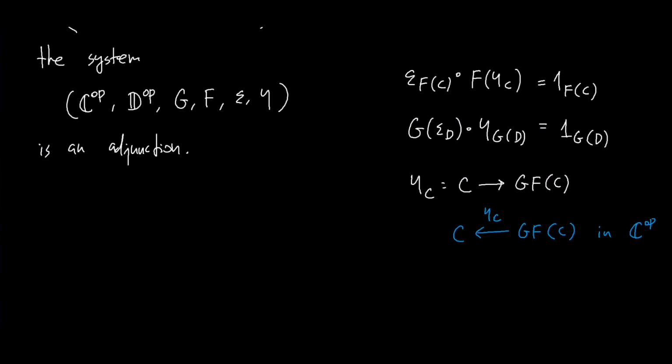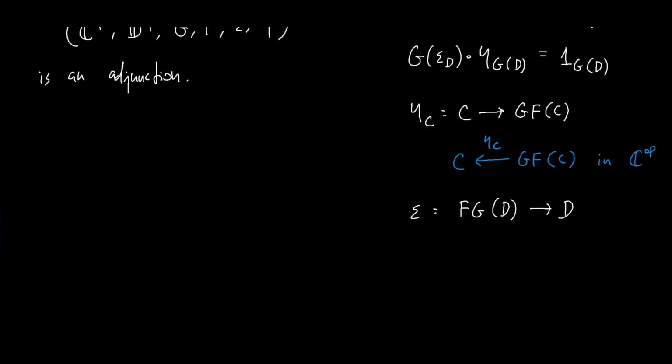But remember, this was exactly the direction of epsilon. Epsilon was going back from the composite of functors to the object. So epsilon previously was going from FG of an object D to D. And if I reverse the direction of the arrow here, we get a direction which matches the intentional direction of eta, right?